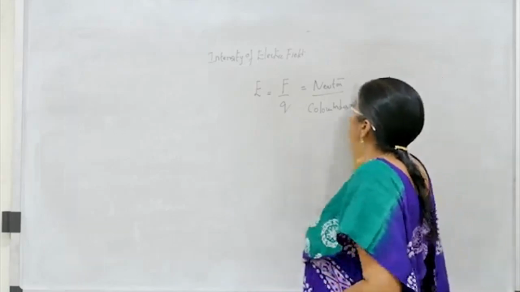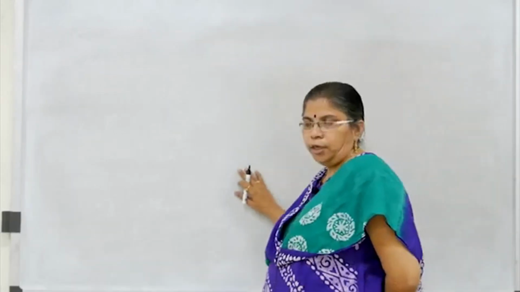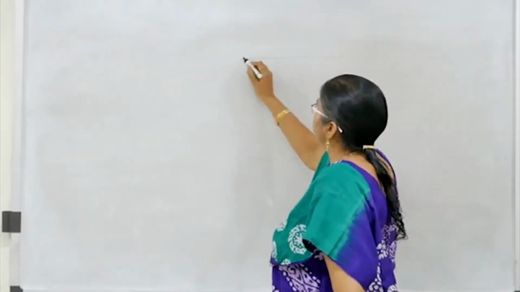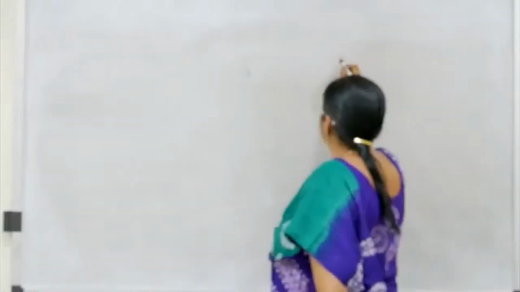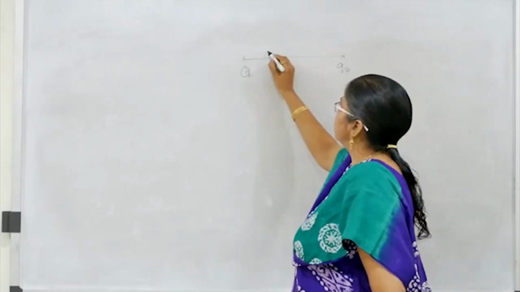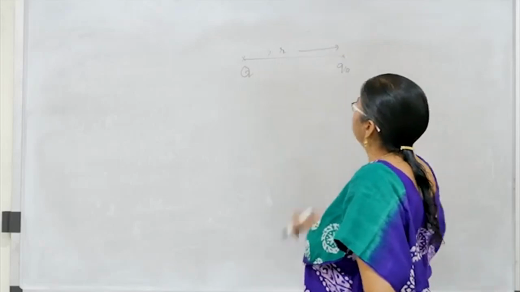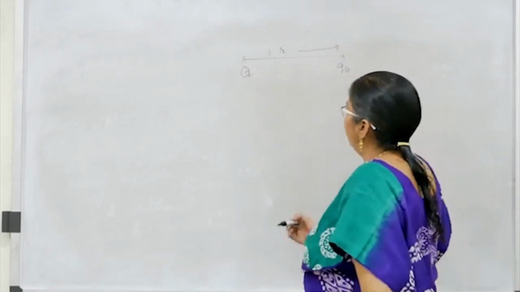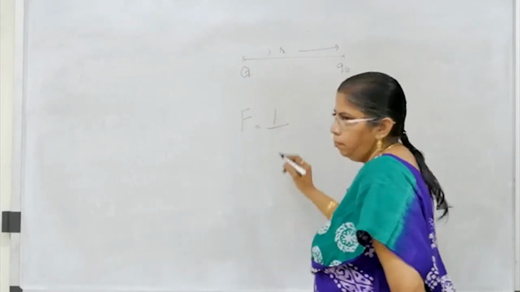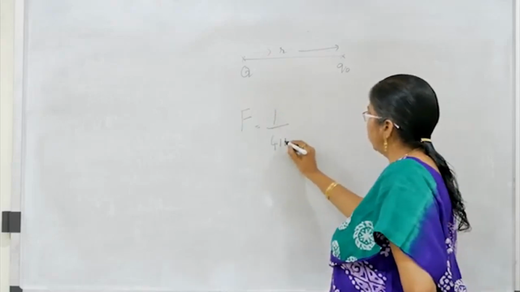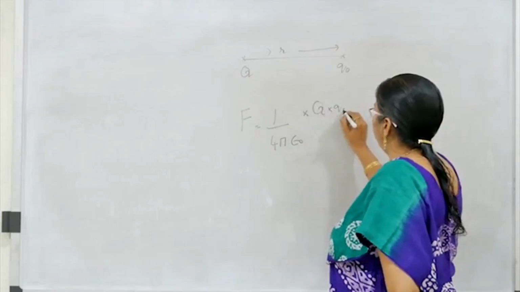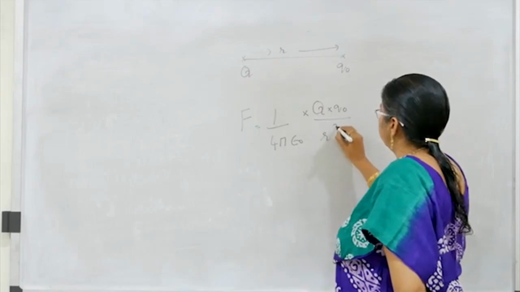Now, I have a derivation for the intensity of electric field. So I take two charges Q and Q naught. If R is the distance of separation between them, then according to Coulomb's law you can write the force as 1 by 4 pi epsilon 0 Q into Q naught by R square.